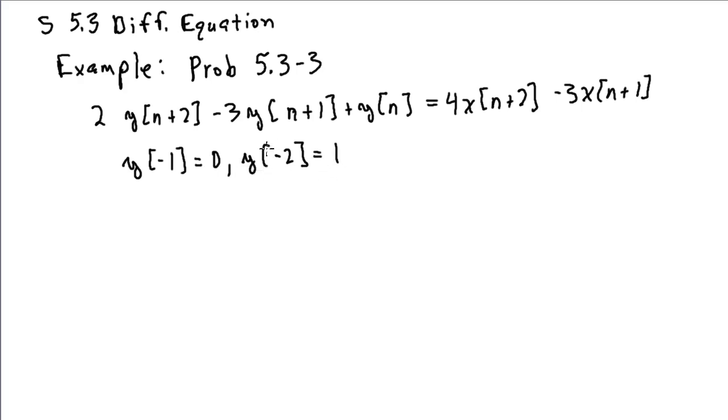For a third order system, with a third order delay here, you get an initial condition on y of minus 3 as well. And we're interested in finding the response of this system for this input. X of n is 4 to the minus n times u of n, and we want to find the output.